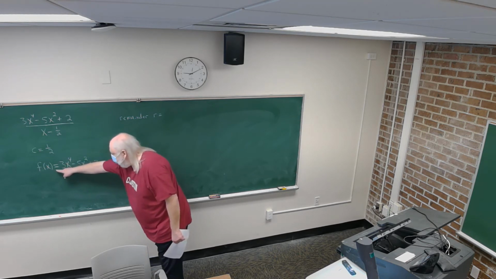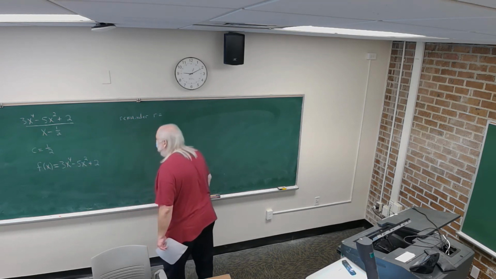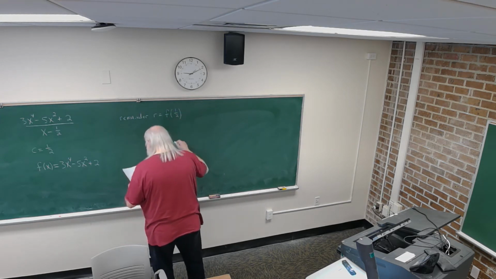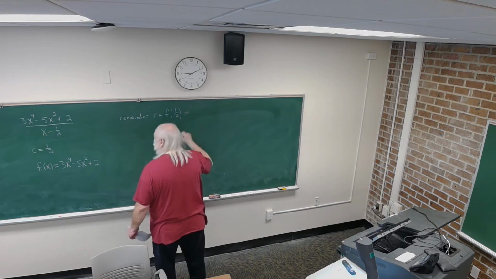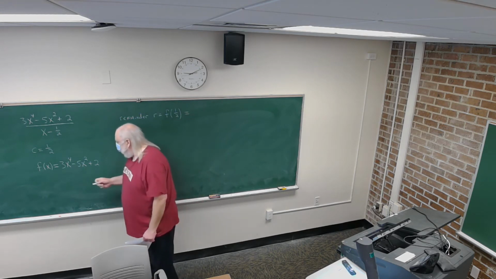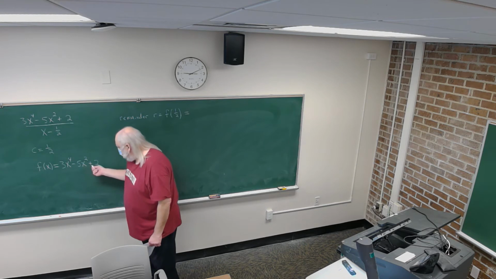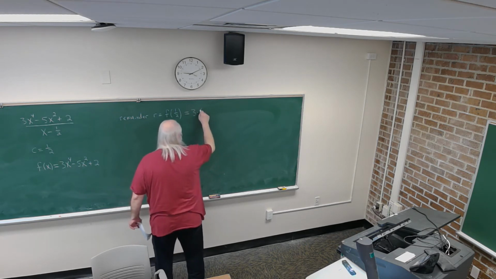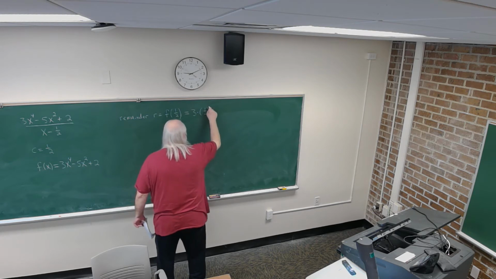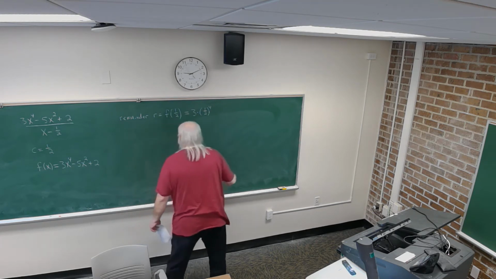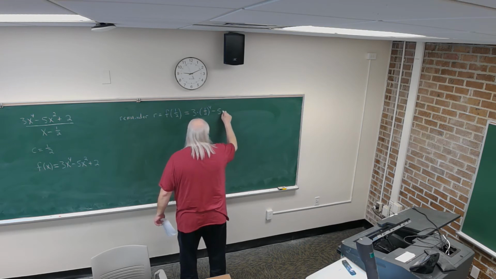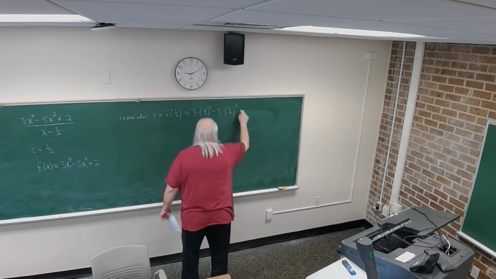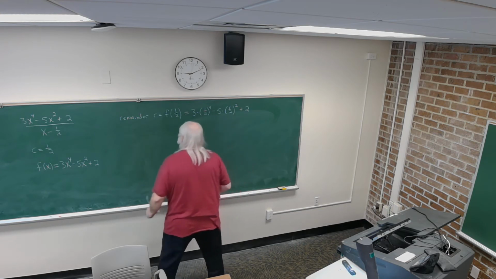And so if we divide f of x by x minus 1/2, the remainder will equal f of 1/2. We just evaluate f of x at x equals 1/2. To evaluate f at x equals 1/2, we just put 1/2 in for x on the right hand side. We have 3 times 1/2 to the fourth minus 5 times 1/2 squared plus 2.